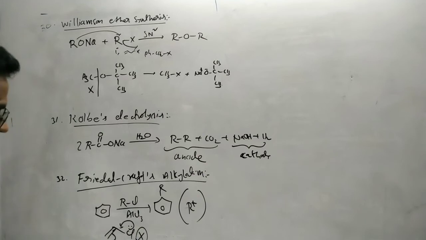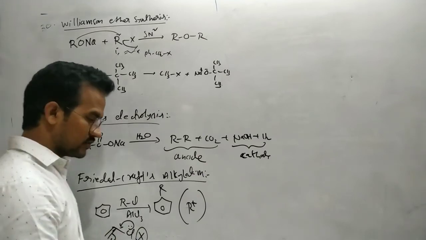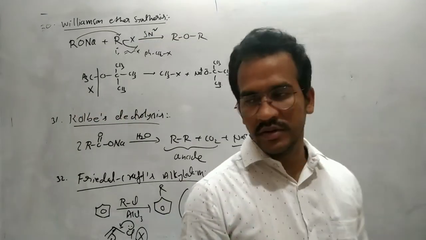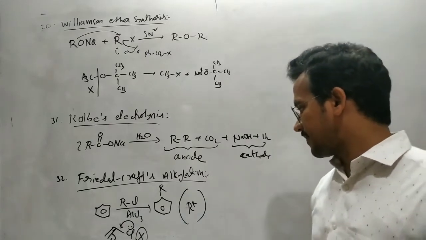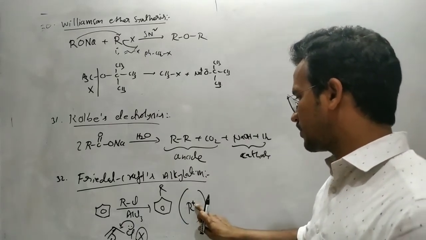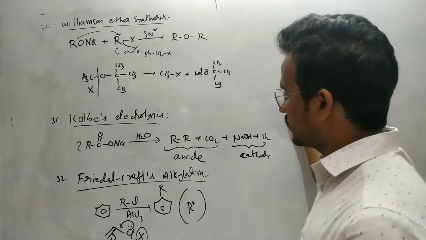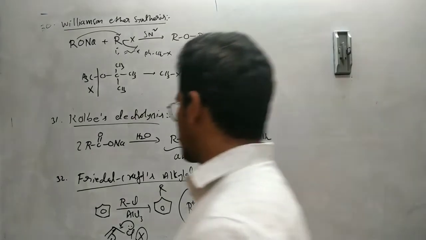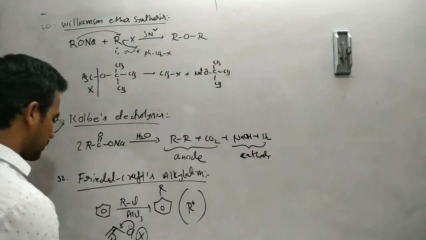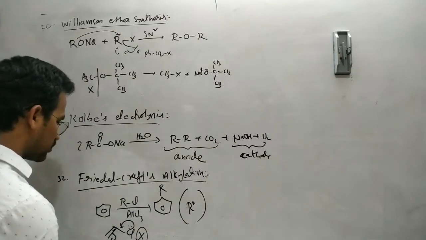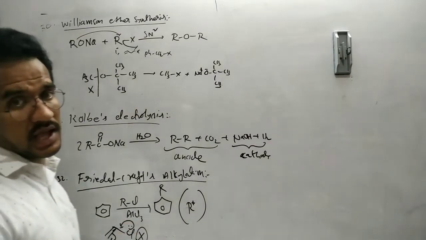Next, aryl halide, that means chlorobenzene, is also not suitable as an alkylating agent.